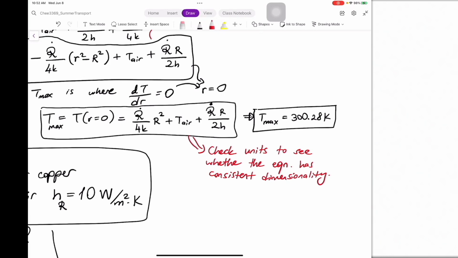Make sure the left and right hand side both have Kelvin units. That's something you should always do. When you get an answer, you should check the units.